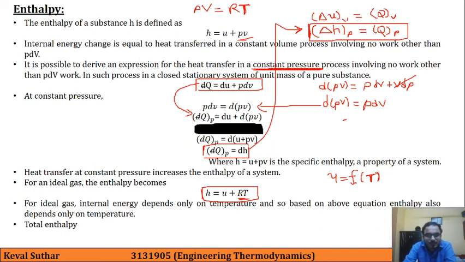The total enthalpy is given by capital H is equal to capital U plus P into V. This equation is for 1 kg or unit mass, and when we consider a particular mass, then we need to write the total enthalpy.